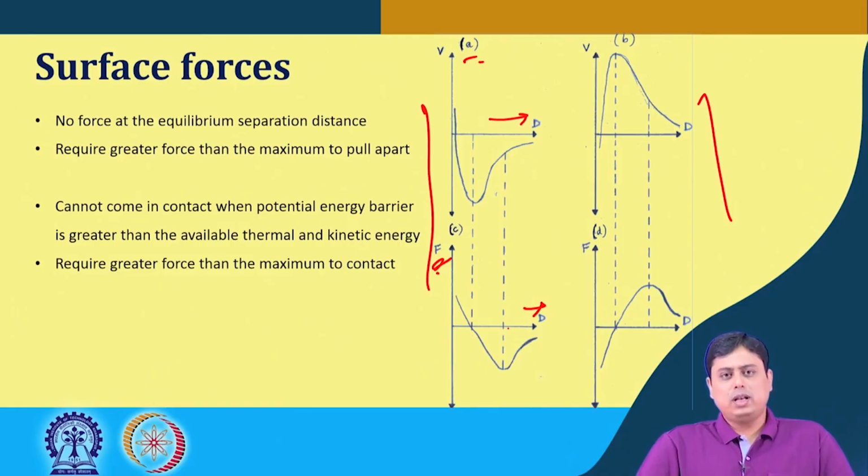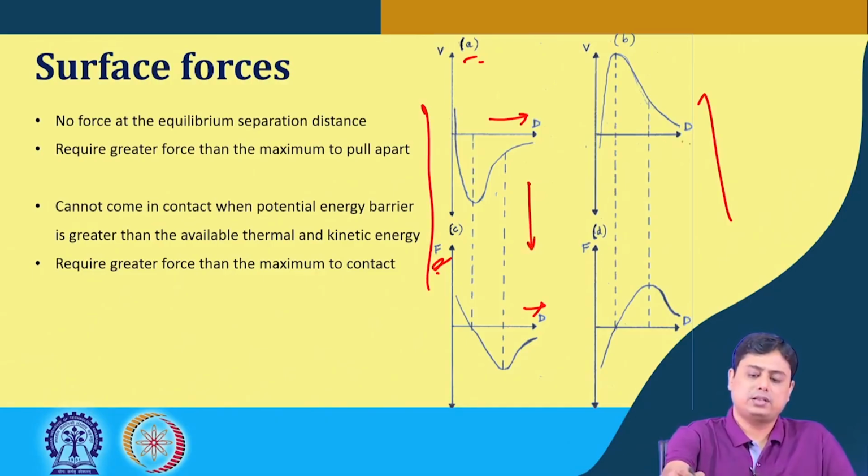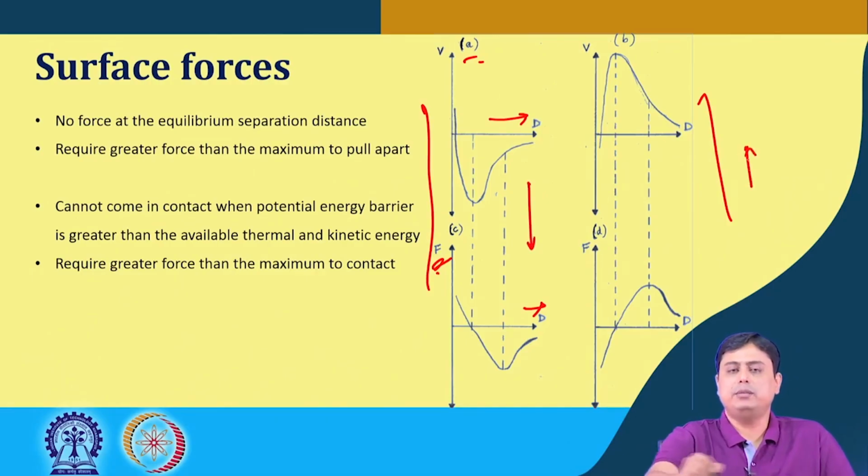Usually the convention is that when the energy or the force is negative, it is attractive, and when it is positive, it is repulsive. This happens when the interaction is there, and this happens when the repulsion is there.